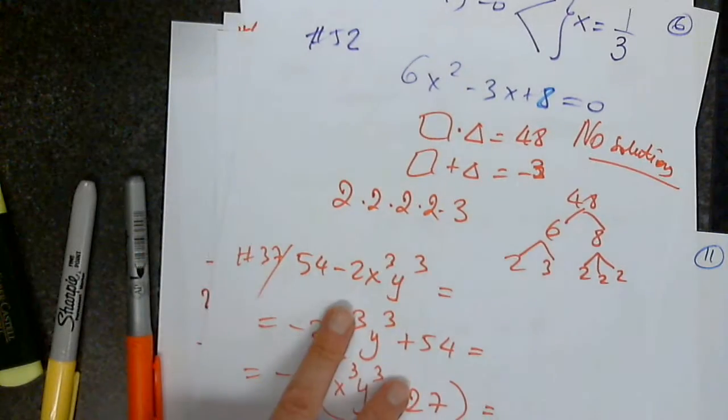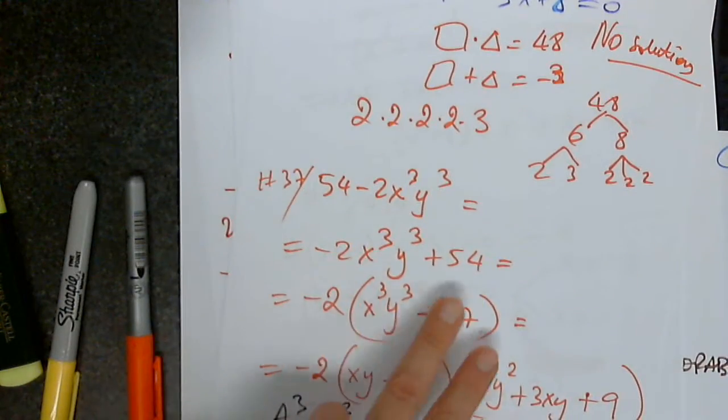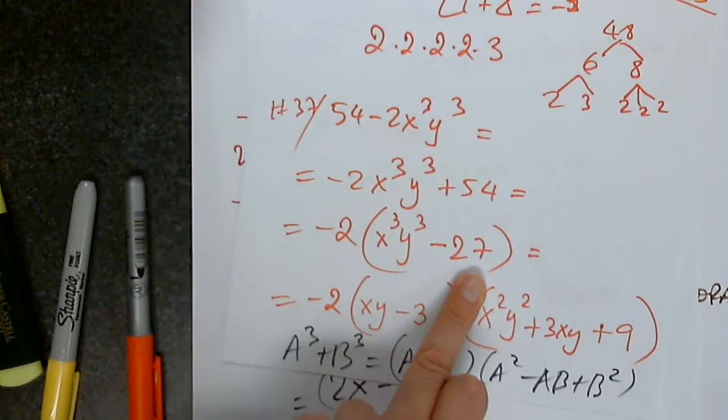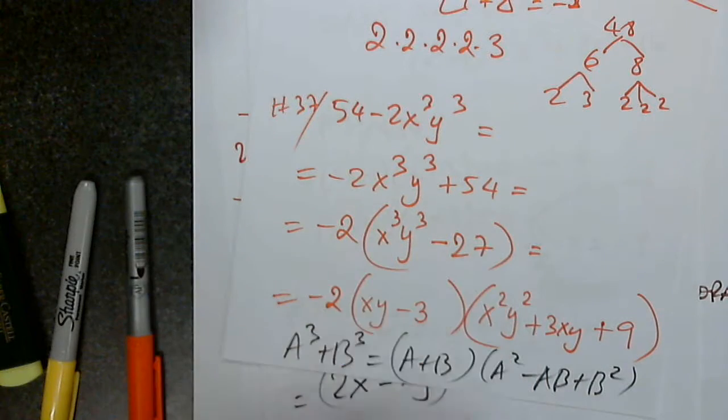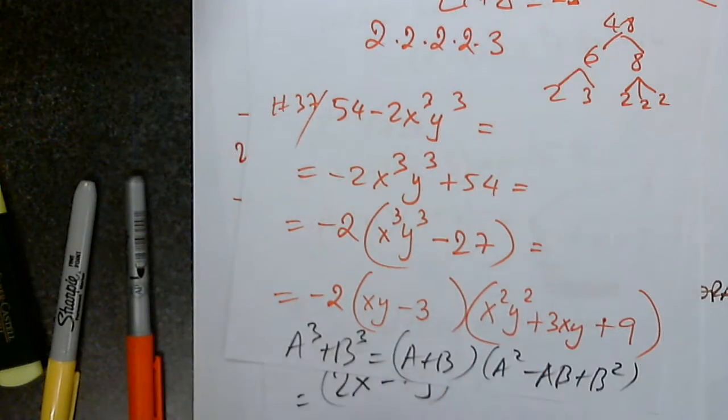So you rearrange it in descending order: negative 2x cubed y cubed plus 54. Then you factor out negative 2, and you get x cubed y cubed minus 27. So that's why this is a difference of cubes: xy minus 3, x squared y squared plus 3xy plus 9.